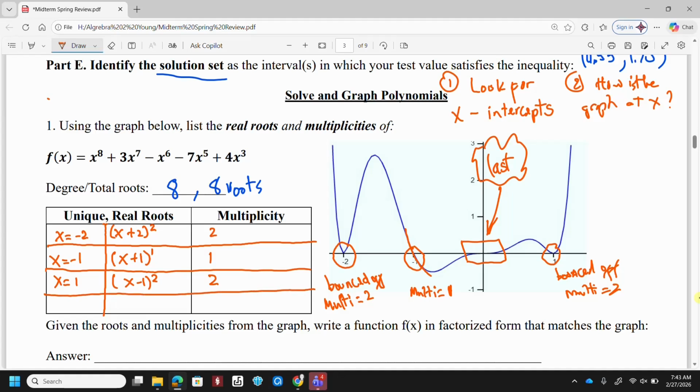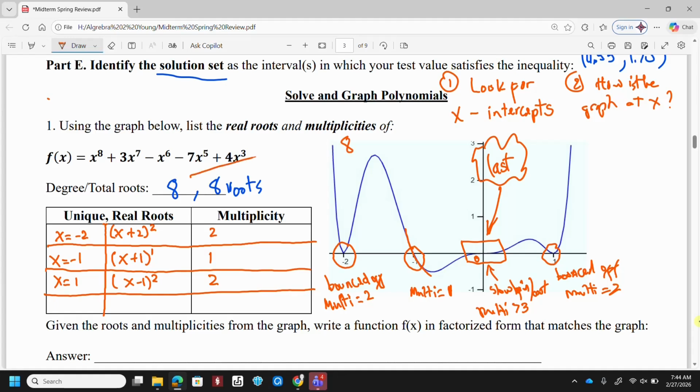Now let's go to this one, the 0. It goes slowly in and out, so the multiplicity is going to be 3 or higher. Let's think about the degree. The total degree is 8.